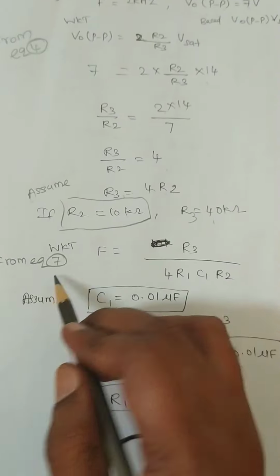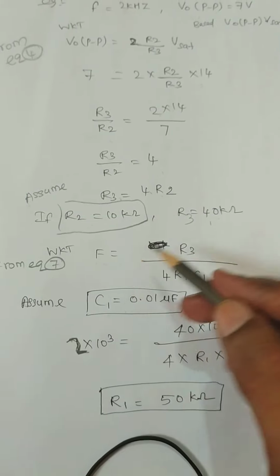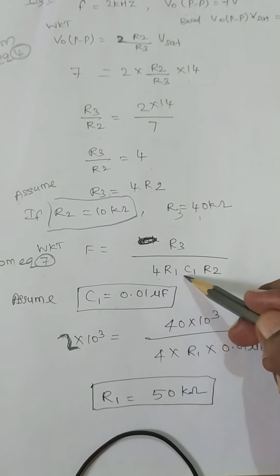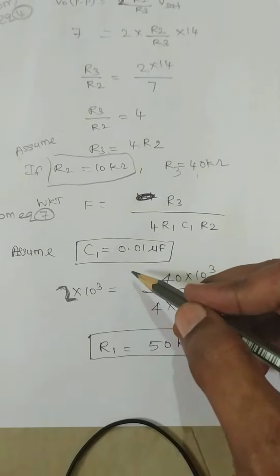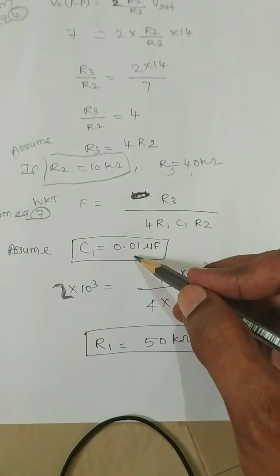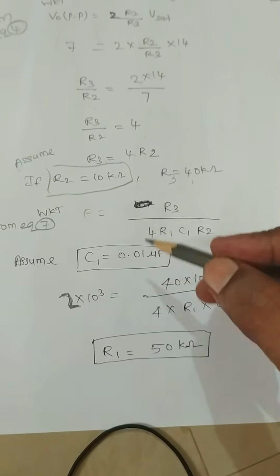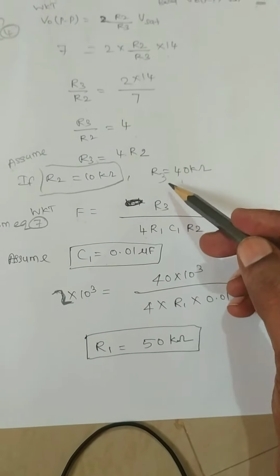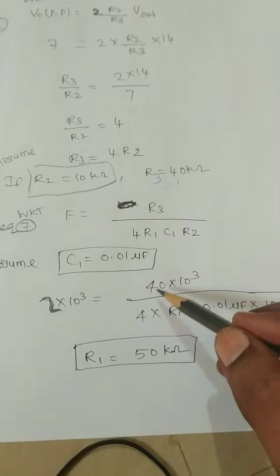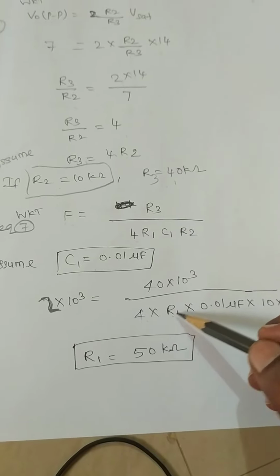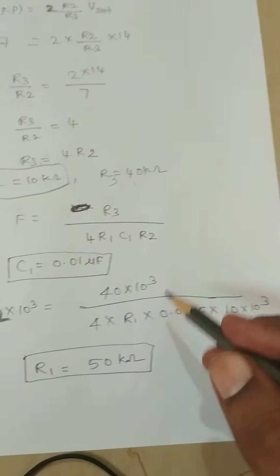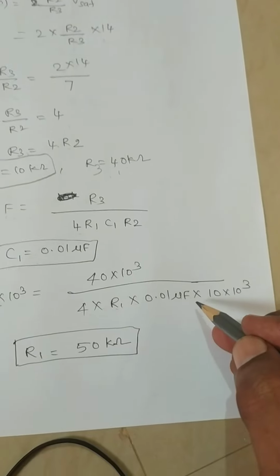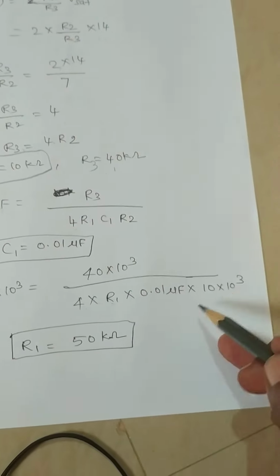And from equation 7 we know the frequency formula: R3 by 4R1 C1 R2. Assume C1 will be 0.01 microfarad. Substitute all the values. F is given as 2 kilohertz, and R3 we already got as 40 kilo ohm, divided by 4 times R1 times C, assumed as 0.01 microfarad, times R2, 10 kilo ohm.